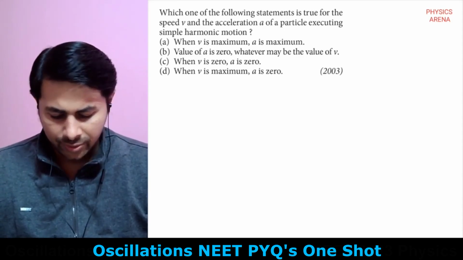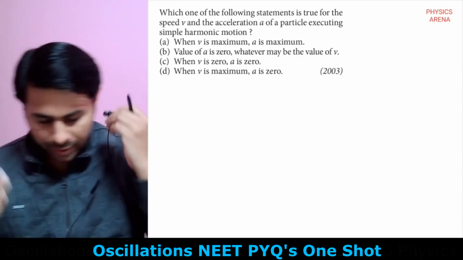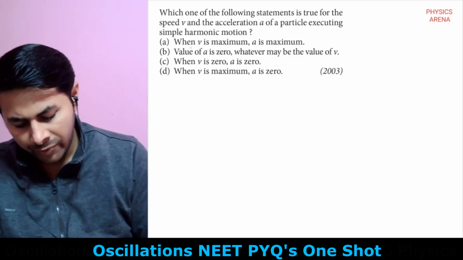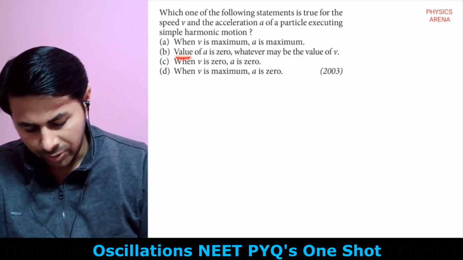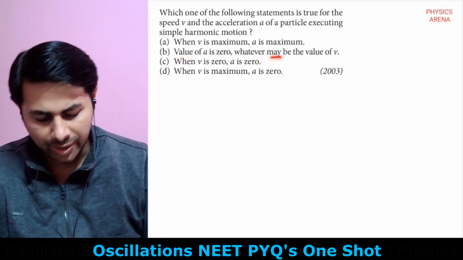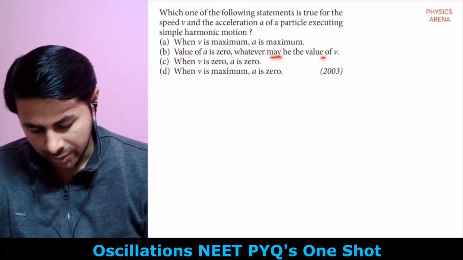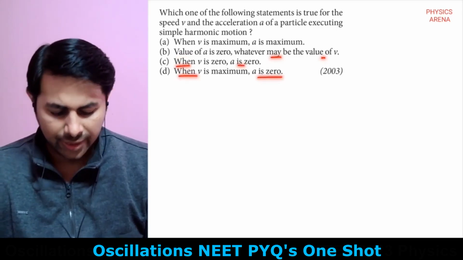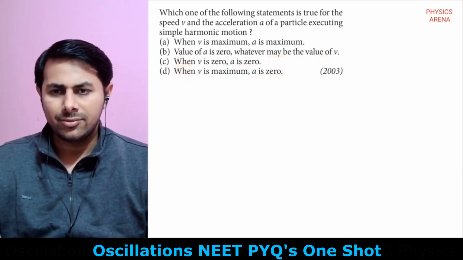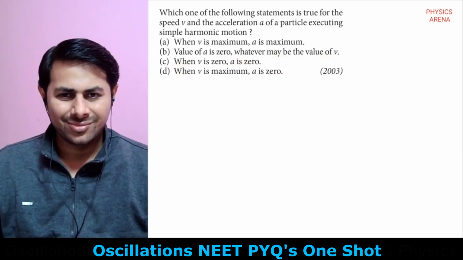Option C, when v is 0, a is 0. Option D, when v is maximum, a is 0. Tell me which one is correct?